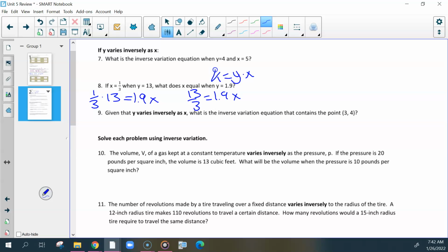So in your calculator, when you would divide by 1.9, I would leave this part as a fraction, but add another part to it.